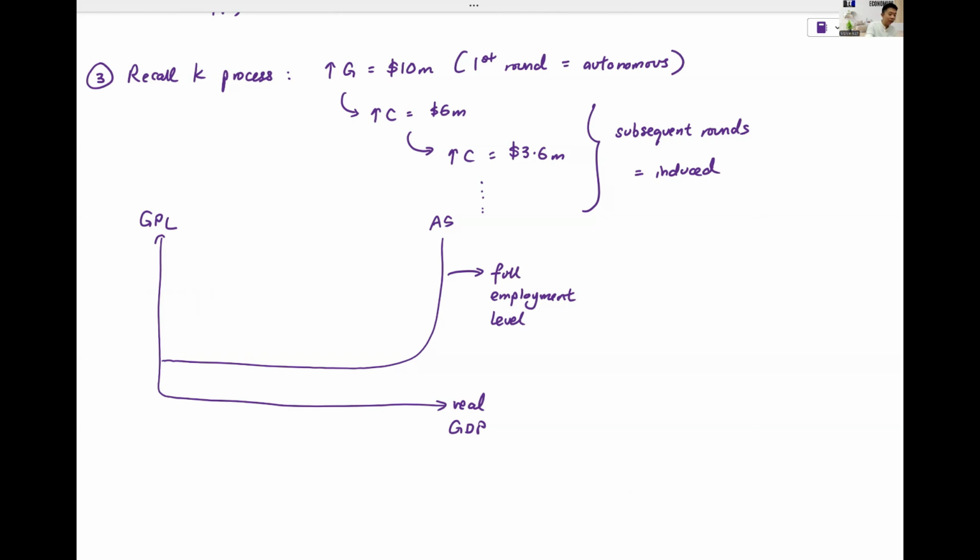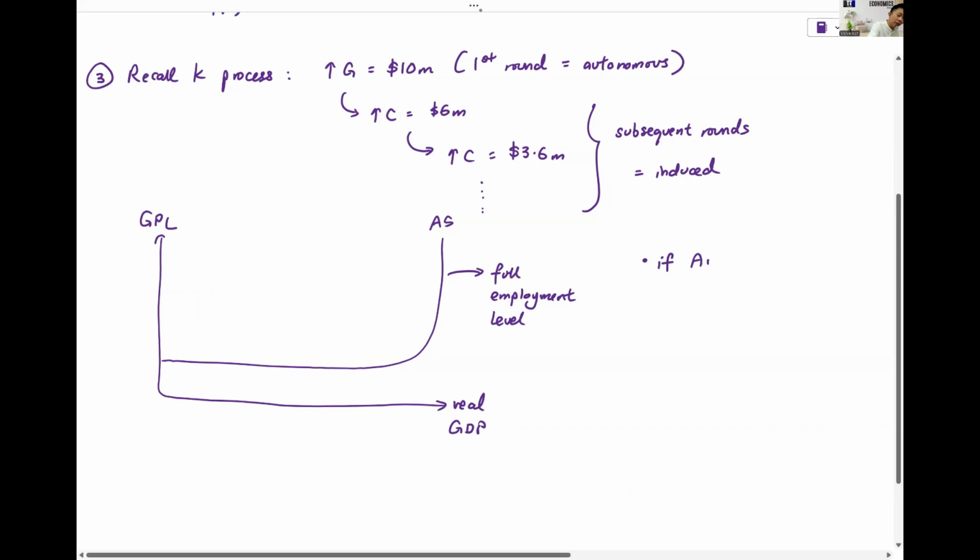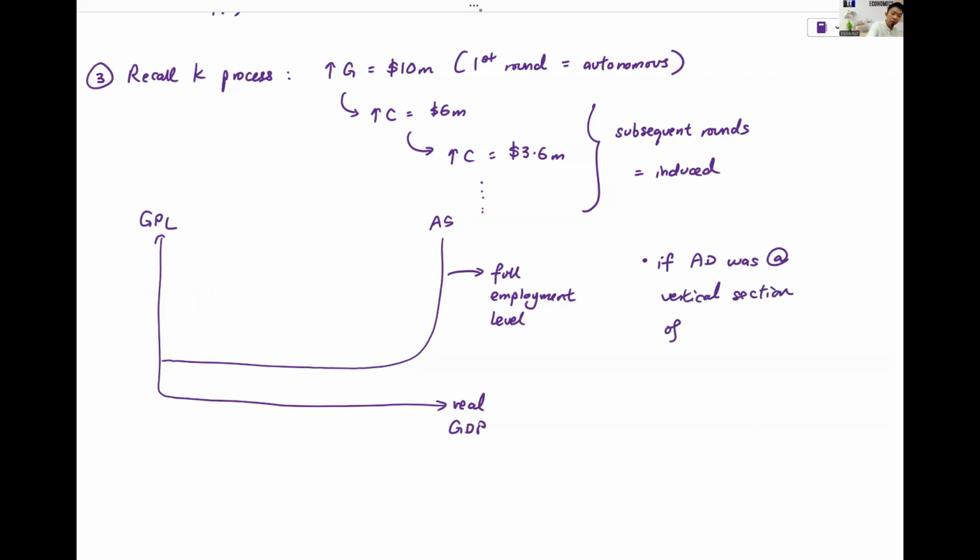Now, if your AD was at the vertical section of AS, there is no multiplier effect. So this is very interesting. If you start from here, there's no multiplier to speak of. Why? You can't produce anymore. You have maxed out how much you can produce.